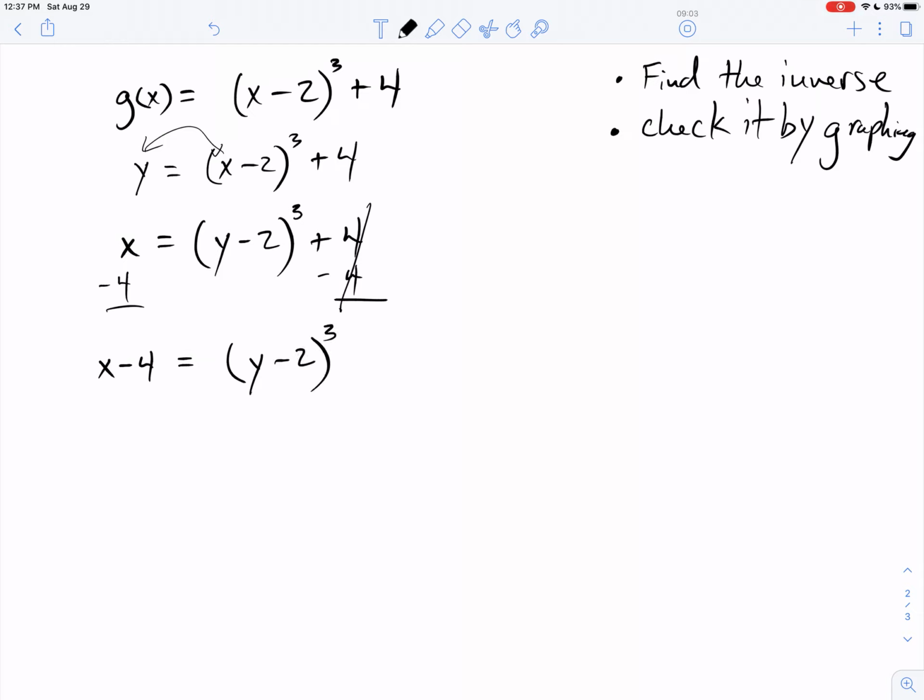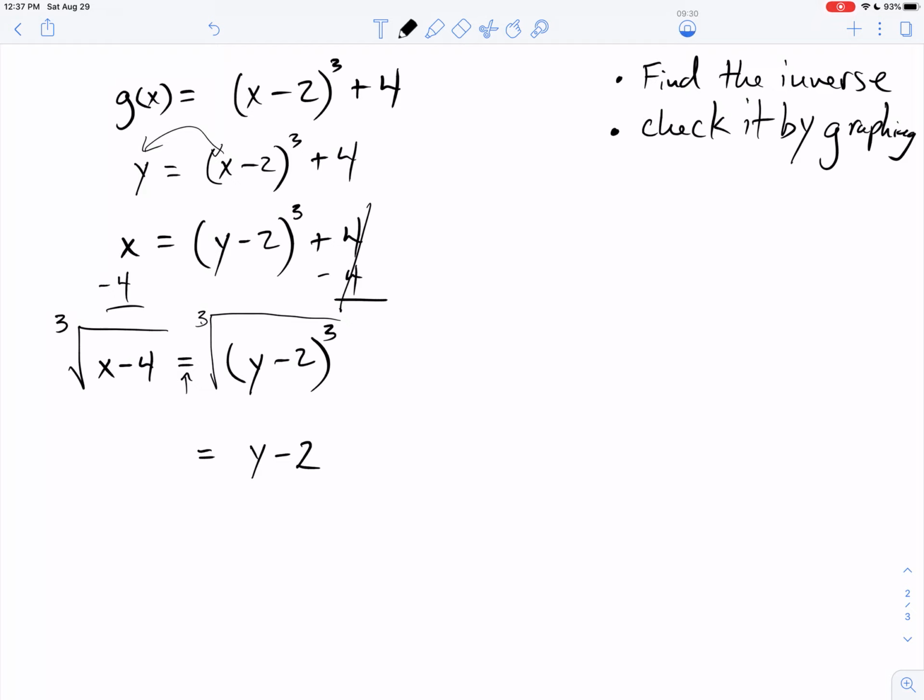Now, to get rid of a cube, we cube root it. So I'm going to take the cube root of that side. Cube root of something cubed, I get whatever's there. I get the creamy filling. But that means I have to do the same thing to this side to keep it equal.